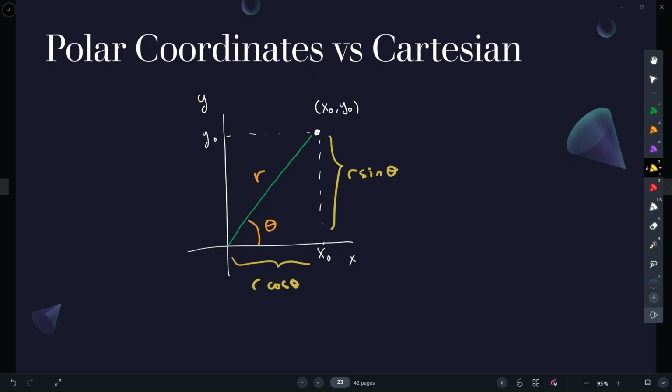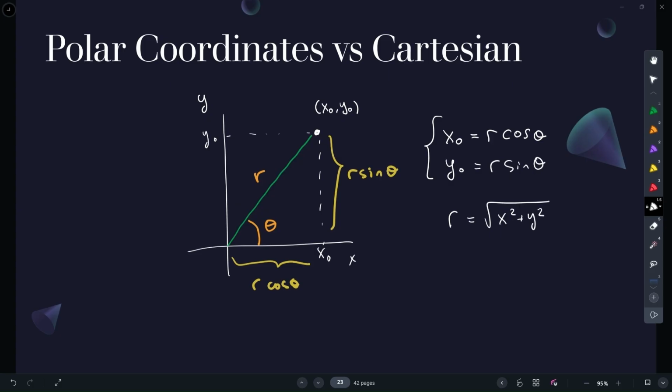So what I'm getting is that x naught is r cosine theta, y naught is given by r sine theta, and also, by the way, r itself is the square root of x squared plus y squared by Pythagoras theorem. So what that means is that r squared is x squared plus y squared for the point x naught, y naught.